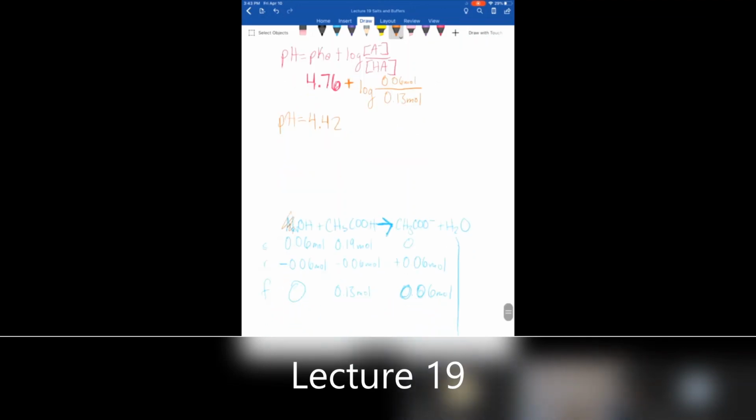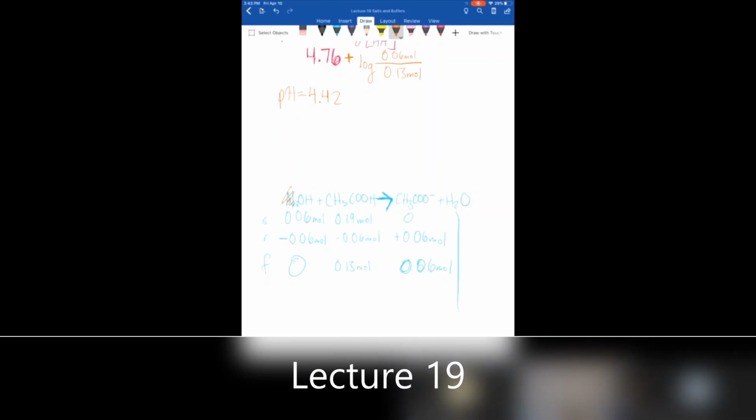Okay, does this make sense? Does it make sense that your pH is lower than your pKa? Because it's adding the NaOH, which is basic. Are you sure?